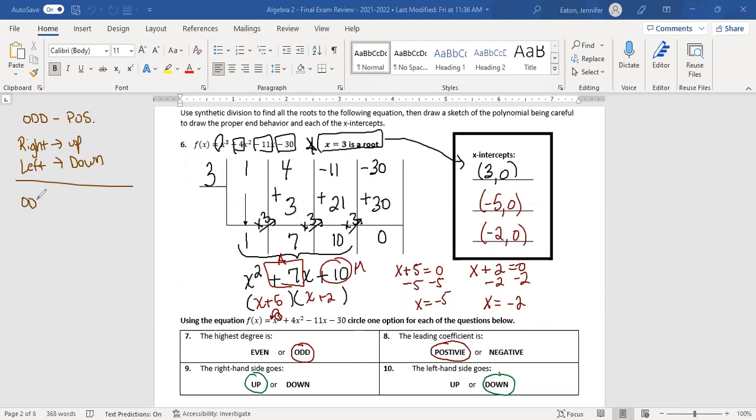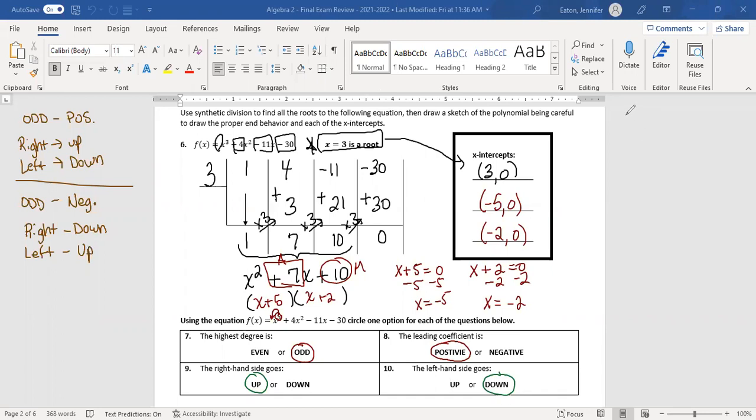If it was odd, like 1, 3, 5, 7, 9, and so on, and negative, so it was a negative number right out front here, the right-hand side would be going down and the left-hand side goes up.